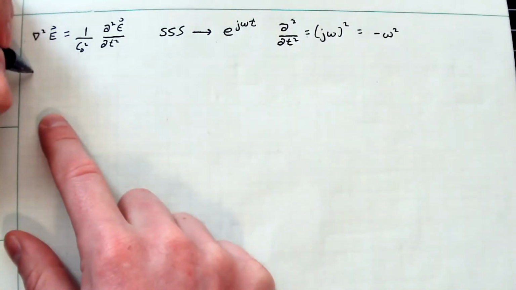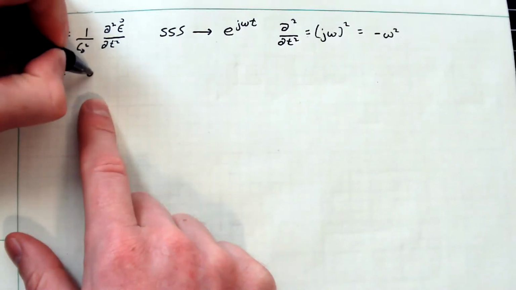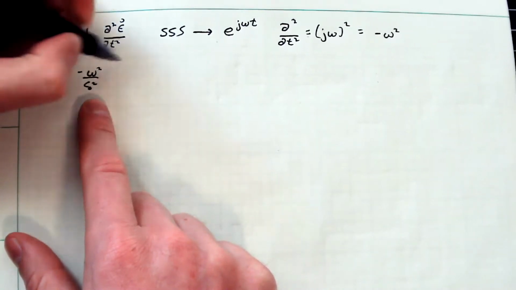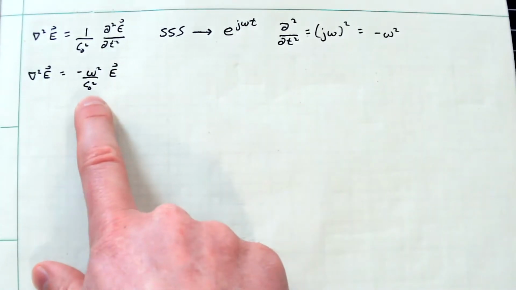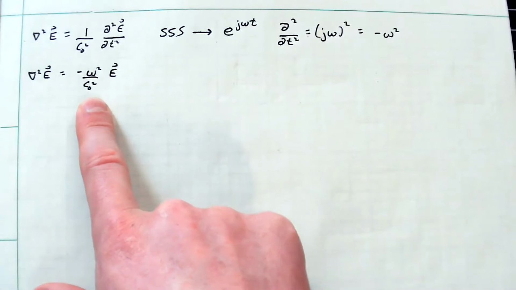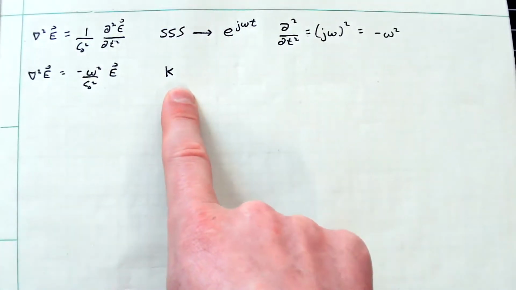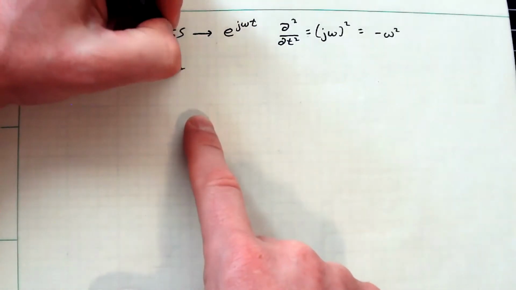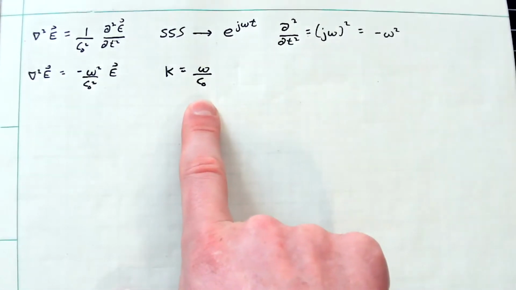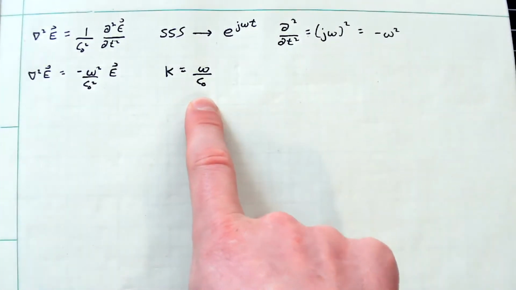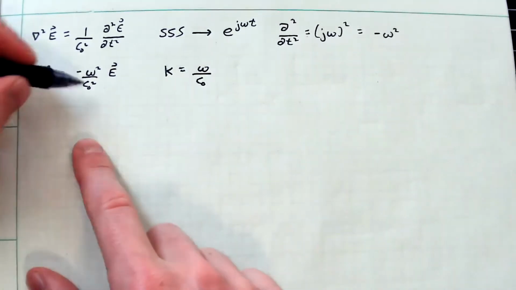So this just becomes del squared E is equal to negative omega squared over c naught squared times E. So that omega over c should be familiar at this point, right? We defined the propagation constant or wave number, we use those terms interchangeably, which was omega over c for any sort of wave here. So that now becomes negative k squared.